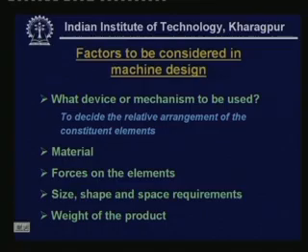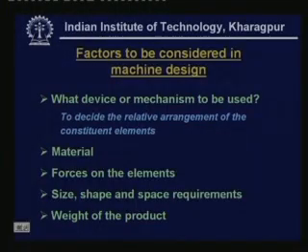There could be various types of force that come into picture, and these forces could be either a static force or a dynamic force as such. So, what we understand is that the next one comes out to be the size.